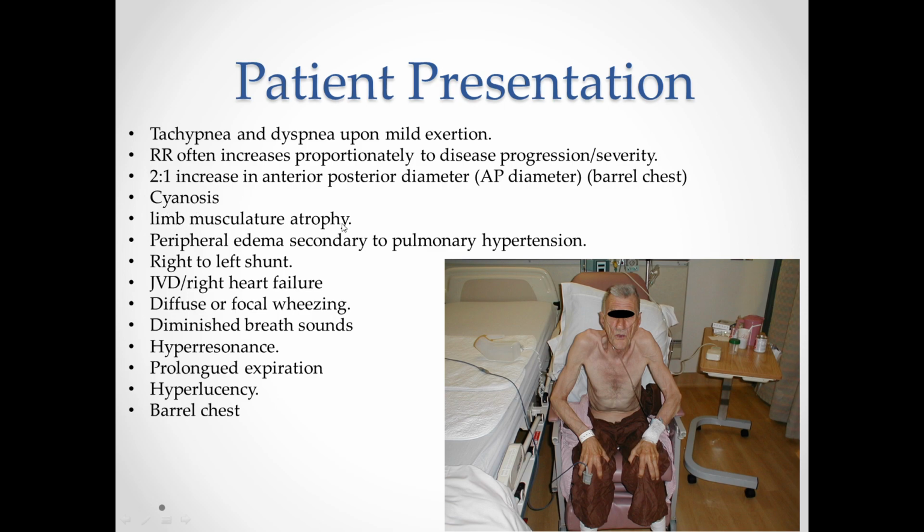Limb musculature atrophy typically occurs. Some people explain this to be because of an increase in accessory muscle use to actually force exhalation, again with emphysema being defined by a decrease in FEV1 to FVC ratio.